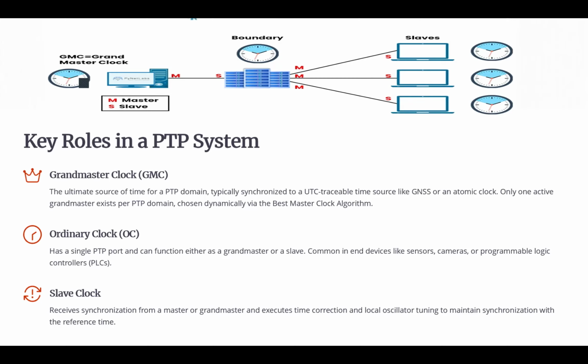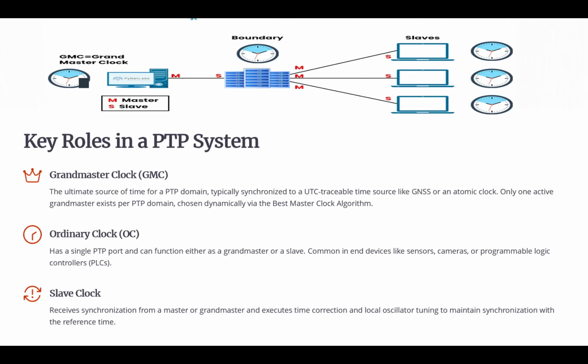Now, we have some ordinary clocks in our system. There is another role in our PTP system. Those ordinary clocks have just one PTP communication port, and can either send the time or receive the time, depending on the situation.